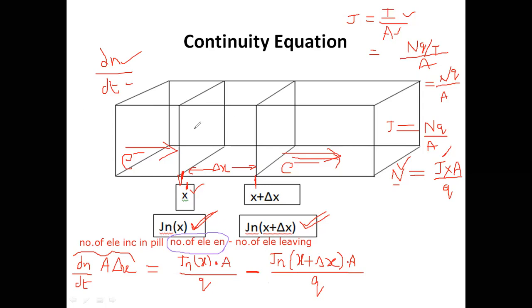So the number of electrons entering minus the number of electrons leaving gives me the number of electrons inside the pillbox.